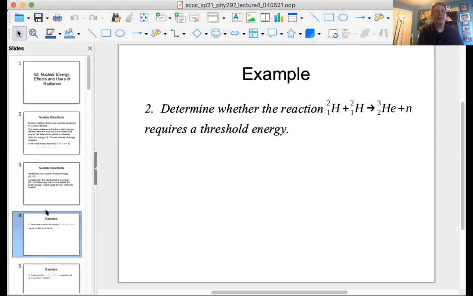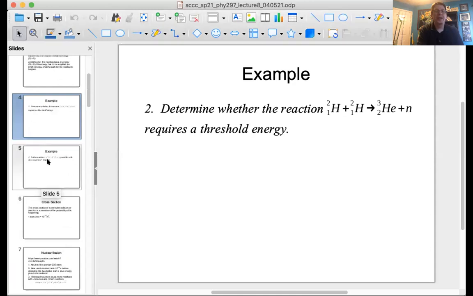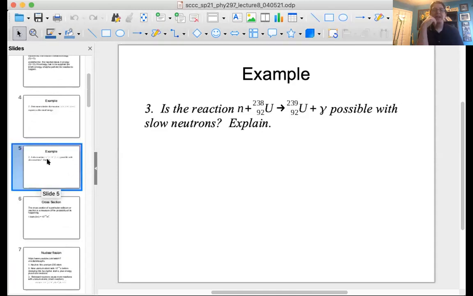So now let's move on to another example. Is the reaction n plus uranium-238 becoming uranium-239 plus a gamma ray, with n a neutron, possible with slow neutrons?